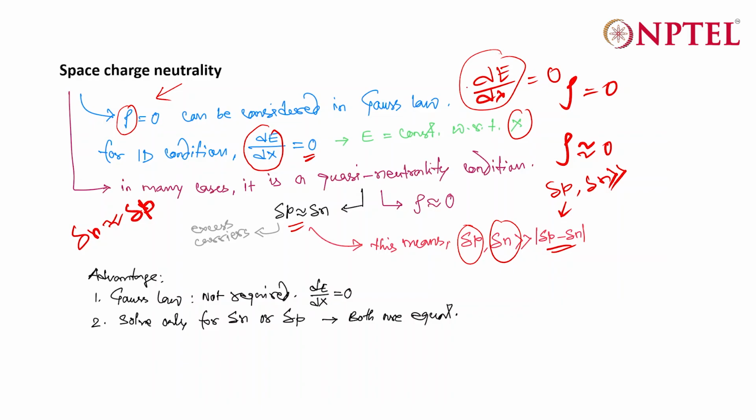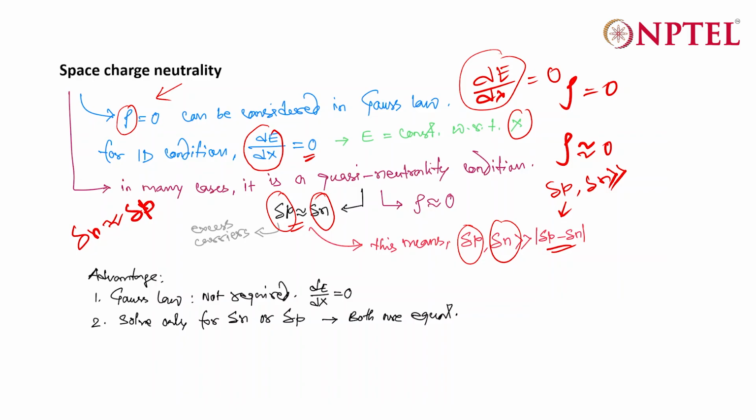Apart from that, as del p and del n are both approximately equal, you can solve for only either del n or del p. You don't need to solve the equations for both, because both of them are equal.